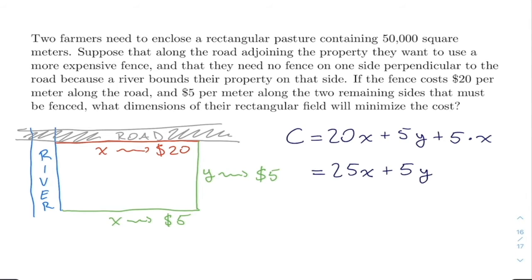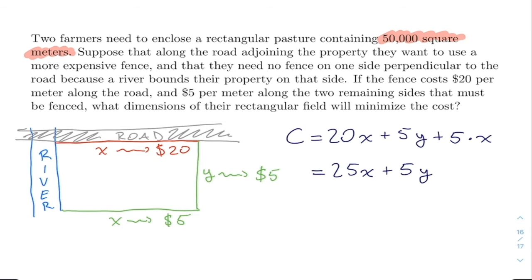And again, we want to minimize this function, but the problem is that we have 2 variables involved. So we need to find some restrictions in our problem that allow us to write one of the variables in terms of the other. In this case, the restriction is that the area of the pasture has to be 50,000 square meters.